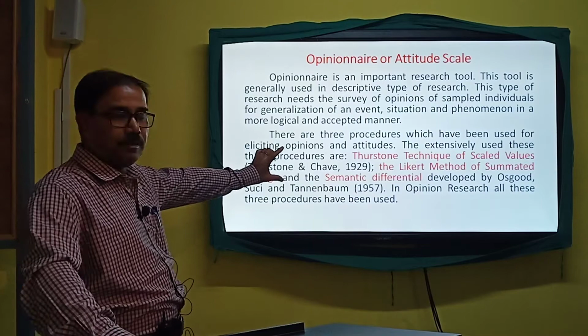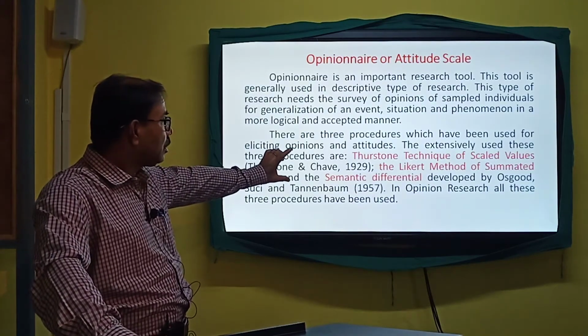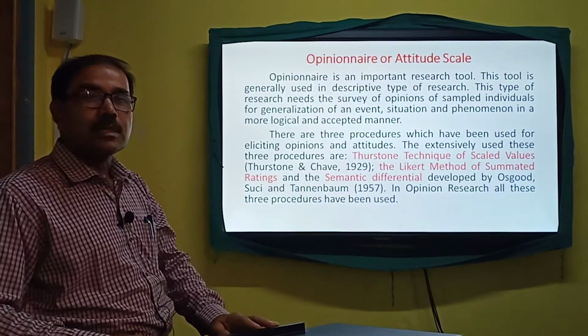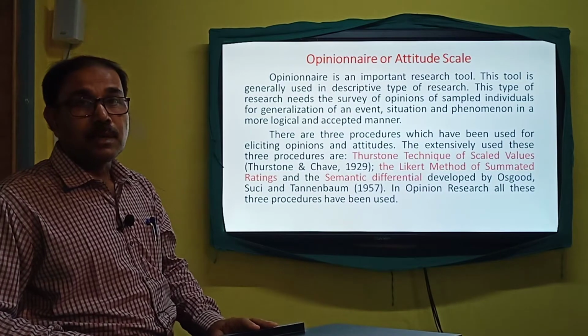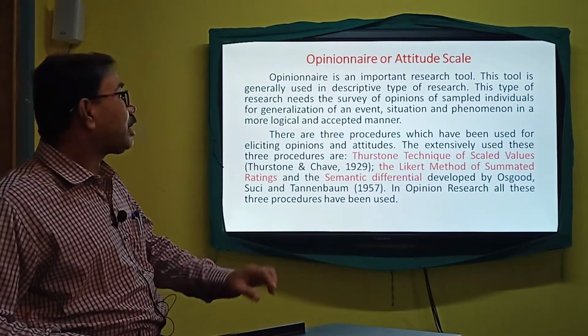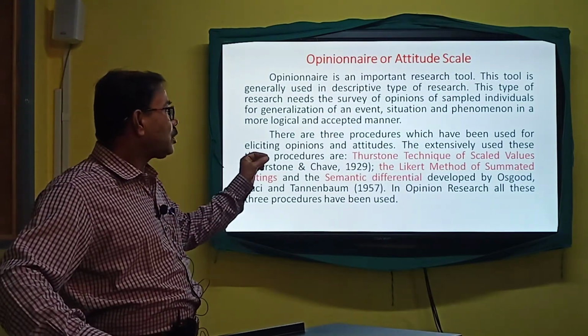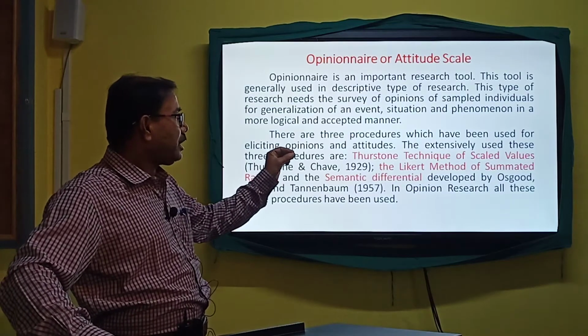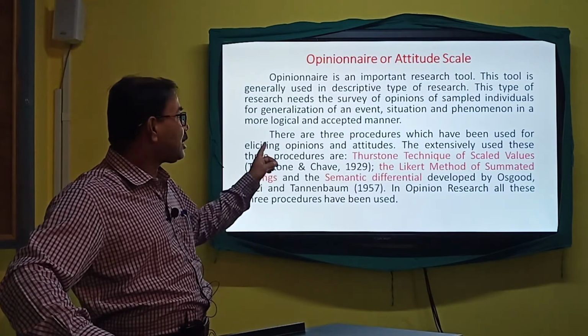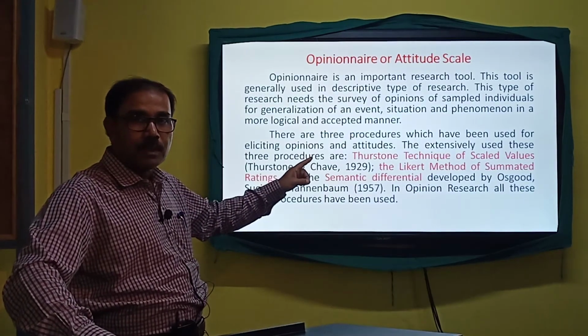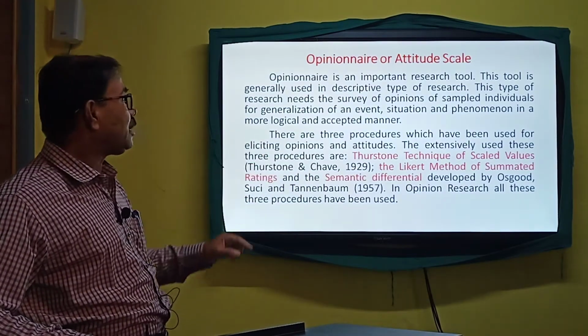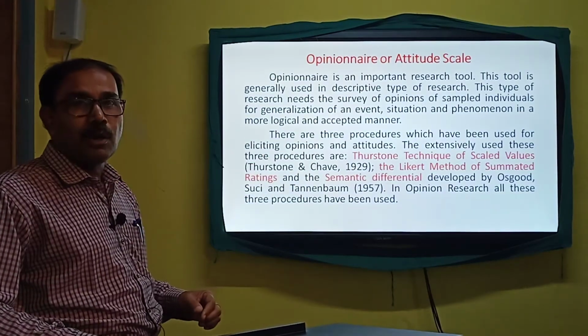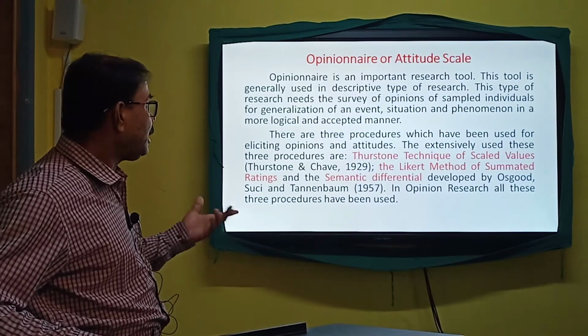By searching the internet or psychological resource literature, you can come to know about the Thurstone technique of scaled values, the scale by which we can measure the value of opinions.